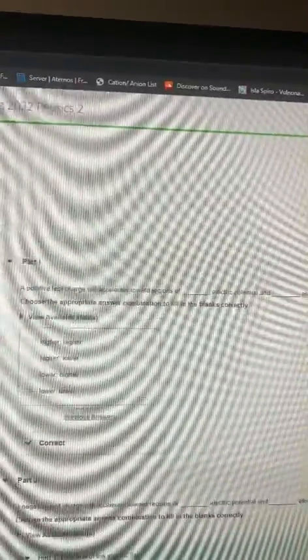For part I, the question asks us, a positive test charge will accelerate towards regions of blank electric potential and blank electric potential.